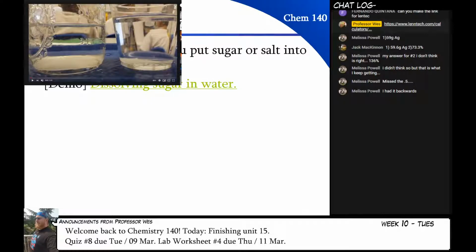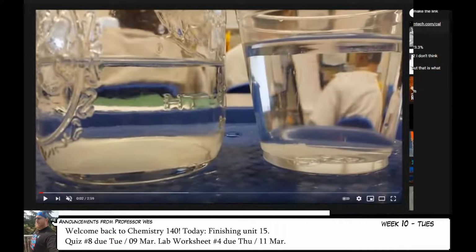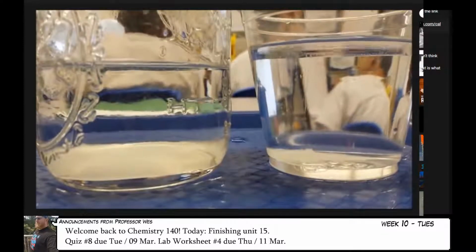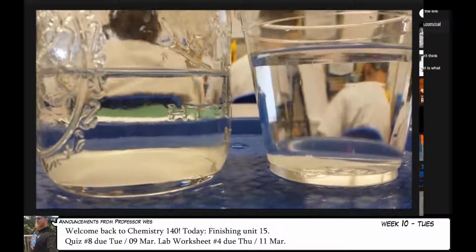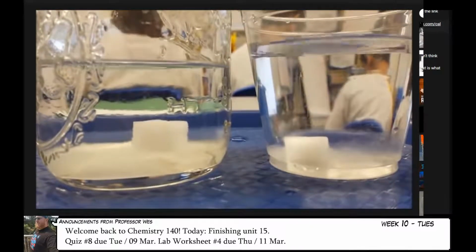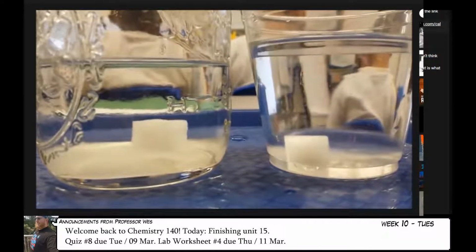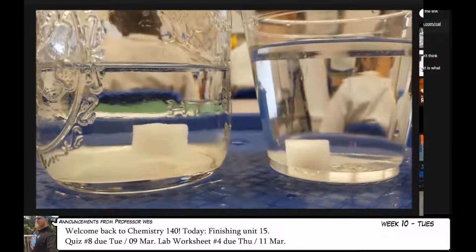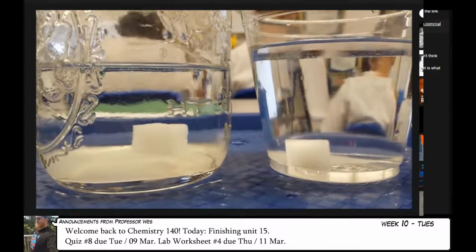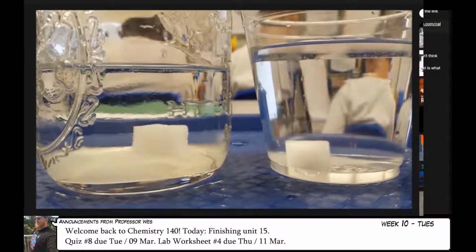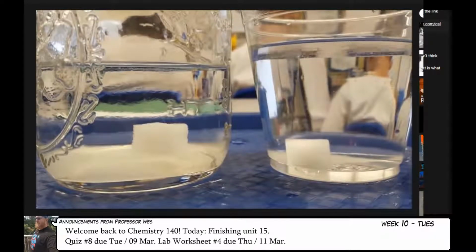Alright, so what happens when you put sugar in water? So here are some cups. We'll just cover up the chat for now. On the left, I believe, is hot water, and on the right is cold water. I might have that mixed up. You can see that just dropping these sugar cubes into the water, they start releasing bubbles.